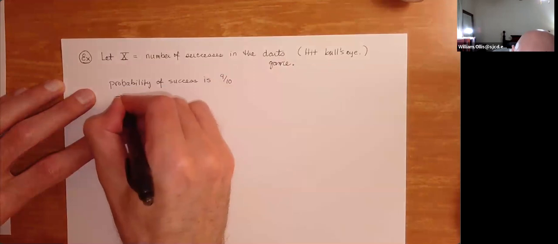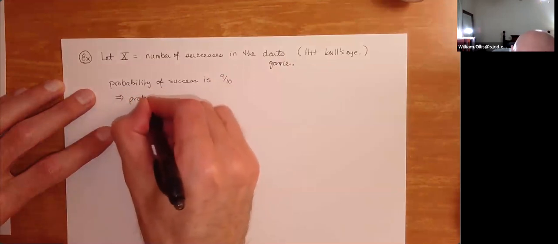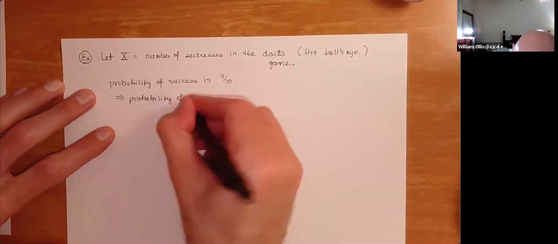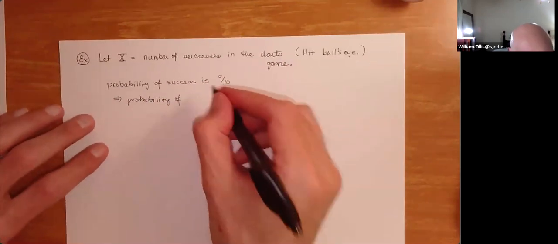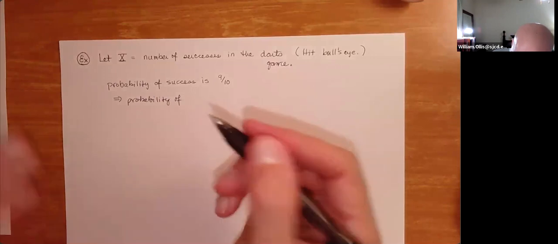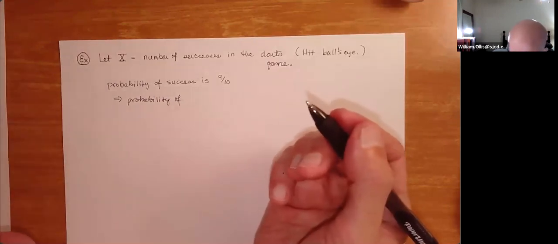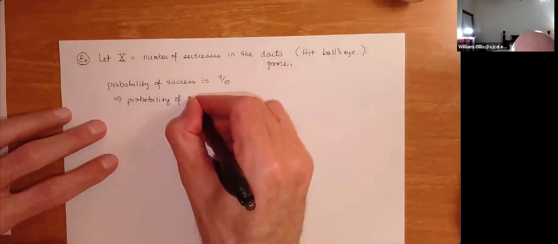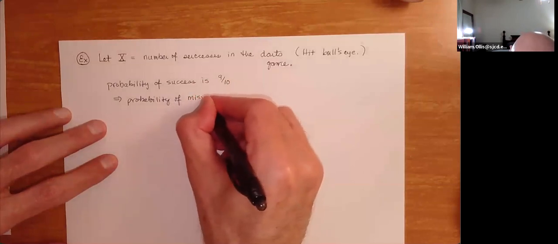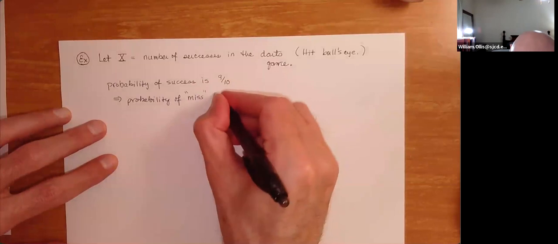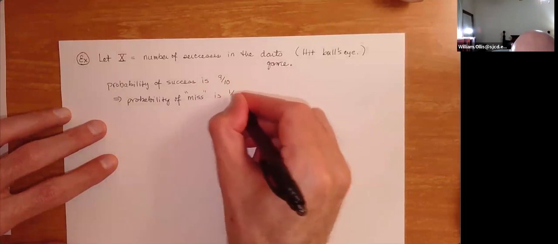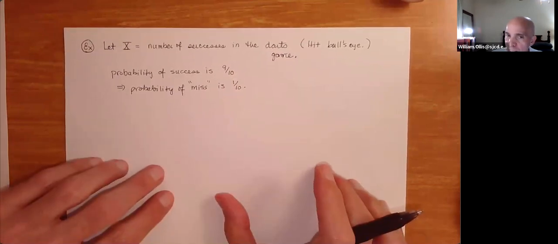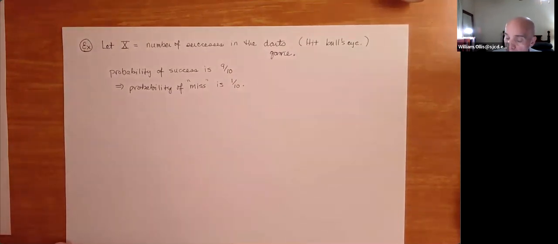So this implies the probability of, and the thing is, with success we can say probability of non-success or probability of miss, lack of success, would just be what? 1/10, because we'll say that the probabilities must sum to 1, just basic discrete probability.